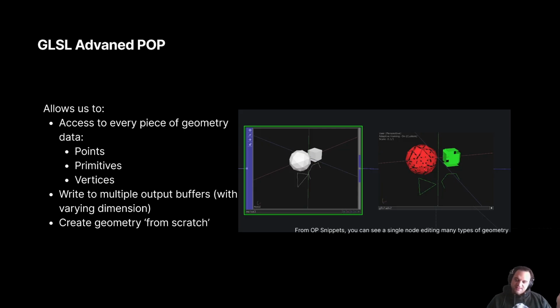Okay, and then the last two important points here are one, the GLSL Advanced POP lets us write multiple output buffers, and those output buffers can easily have different dimensions as well, which is really helpful when you're doing simulations or a bunch of other stuff. And so that's one thing that we'll be looking at. And then finally, we can create geometry from scratch by literally creating primitives and line strips and things like that in the shader.